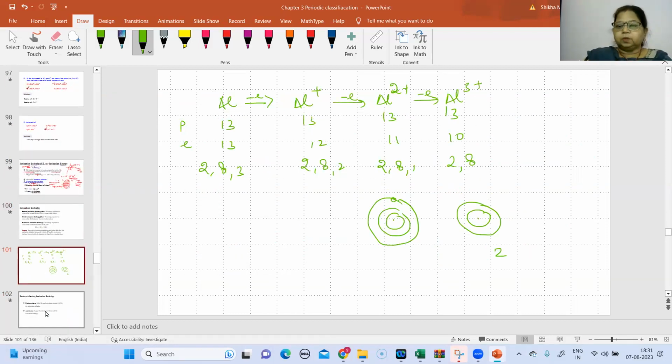If that is more complicated, let's do this, solve this one first. There are 13, 13, 13, 12, 13, 11, 13, 10. Now, if I ask you between aluminum plus 1, plus 2, and plus 3 which is smallest in size, is it obvious that it is aluminum 3 plus or not?